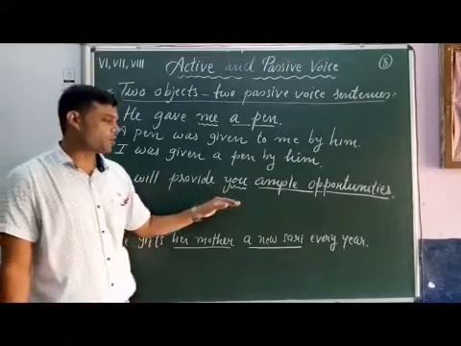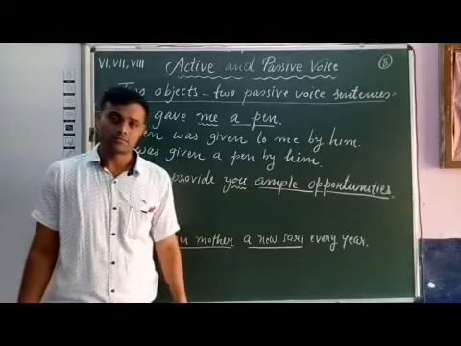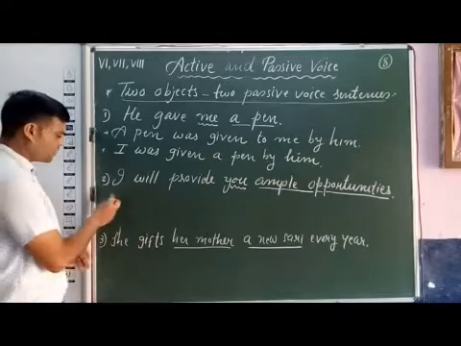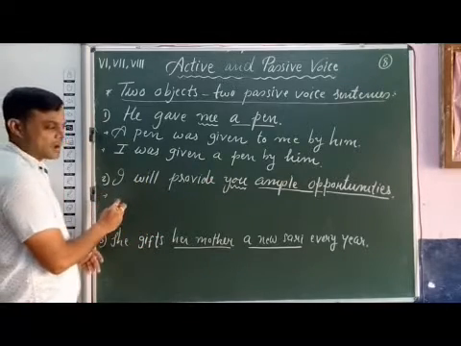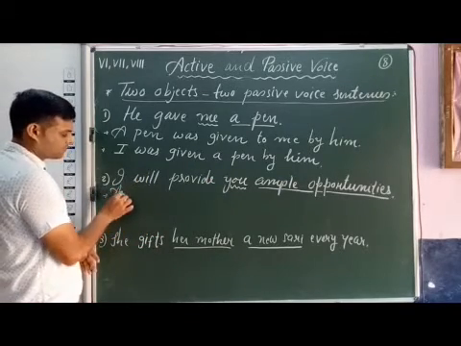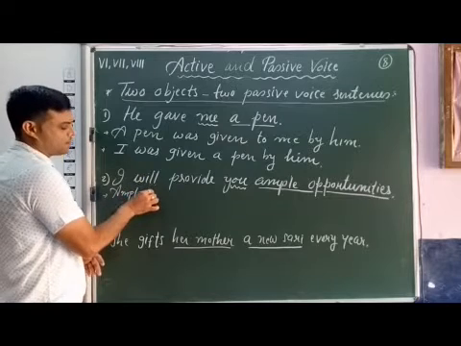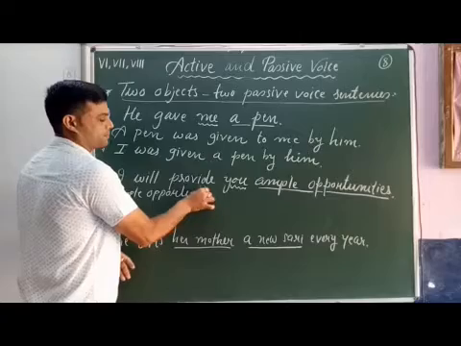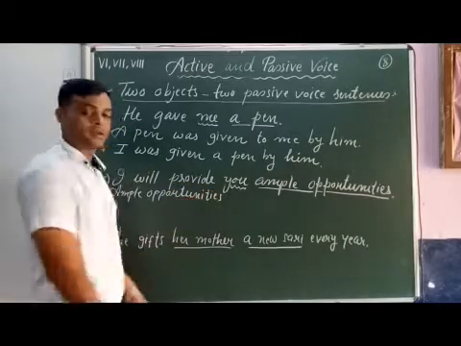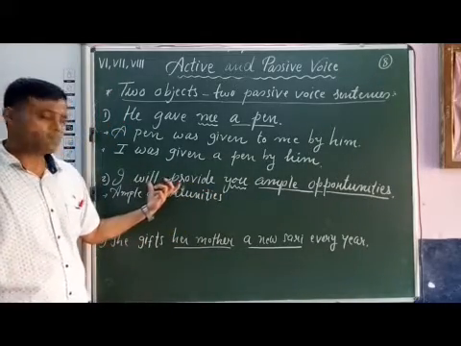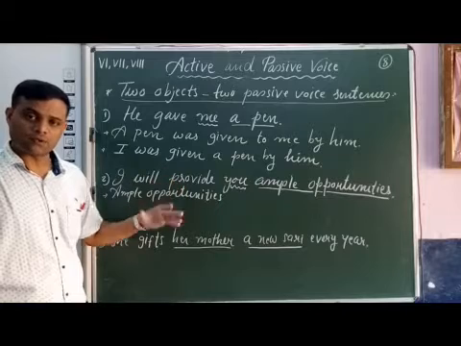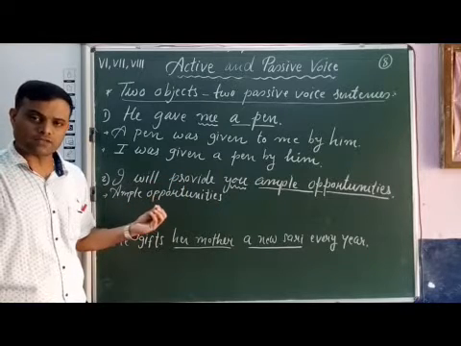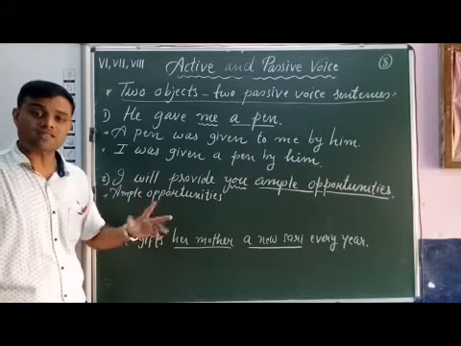Now next sentence. I will provide you ample opportunities. Here first we begin with direct object, that is ample opportunities. Will provide, it shows simple future tense, and in simple future tense we use to be form, will be or shall be.